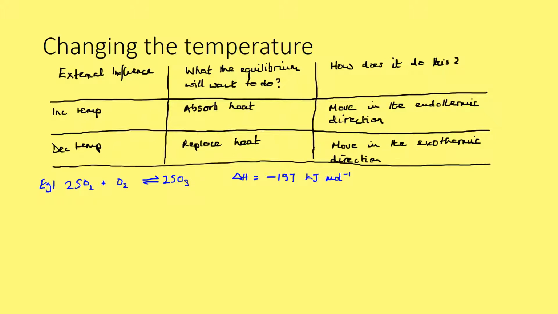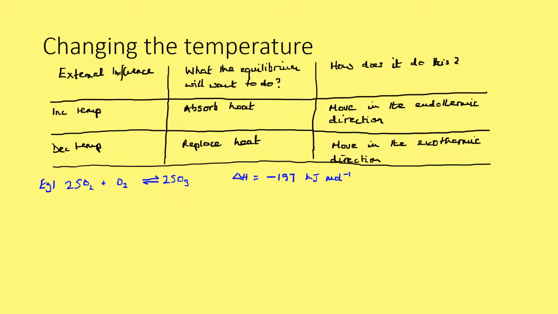So first thing to notice is that the minus sign signifies an exothermic reaction, but we have two reactions going on here. We have a reaction making sulfur trioxide, that's the forward reaction, and we have another reaction going on at exactly the same time where sulfur trioxide decomposes back into sulfur dioxide and oxygen.